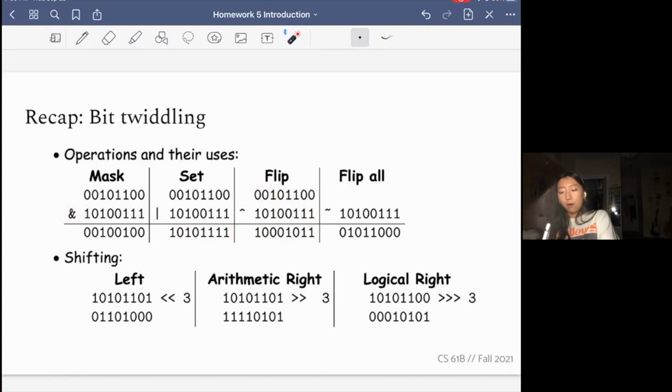And then flip all, this little tilde, only works on a single number, and it's just going to negate every bit, or give the opposite of what was there. We can also shift, and you specify the amount you want to shift by, right? And so here, if you shifted by 3, you're bringing in 3 zeros and pulling everything over. You can recognize this sequence is the same as that sequence.